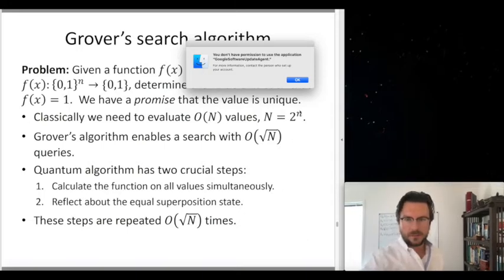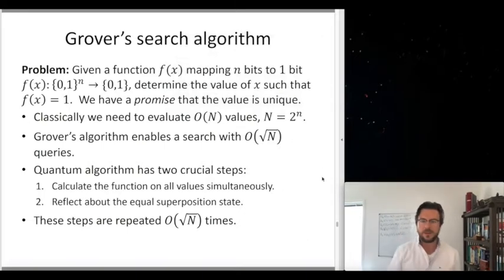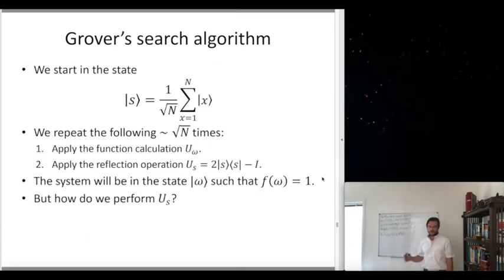Sorry, there's a pop-up that came up here. And we start in the state, as you can see in the slides, the state S, which is 1 over the square root of n, so our number of bits, inputs, in the superposition state.